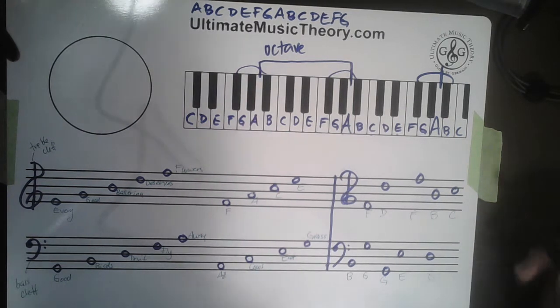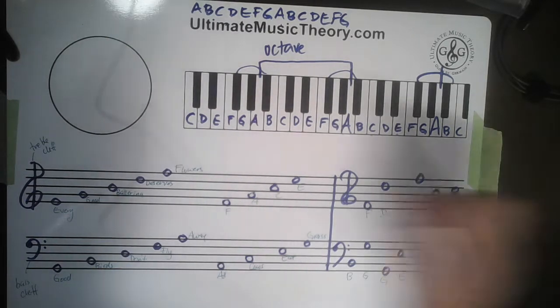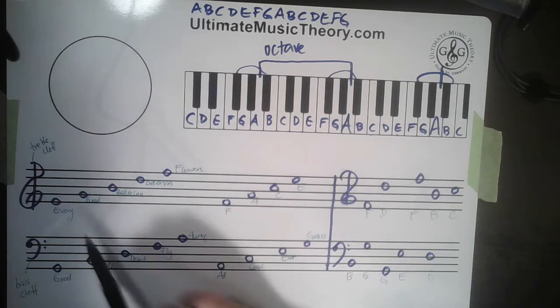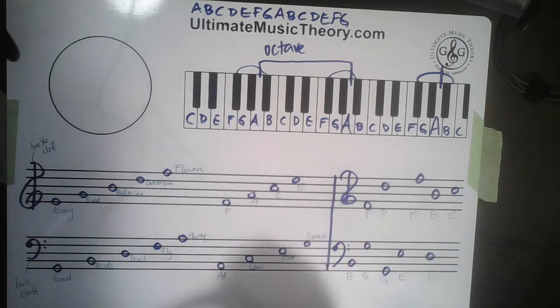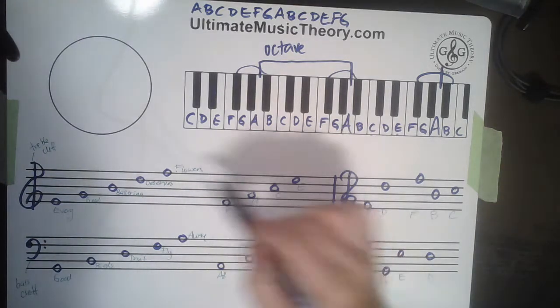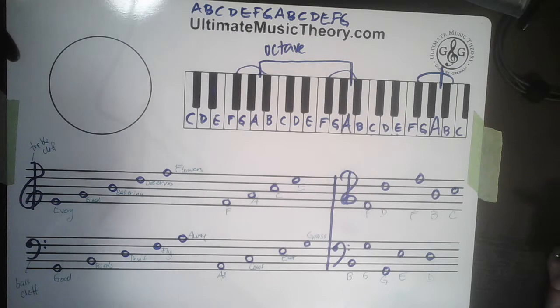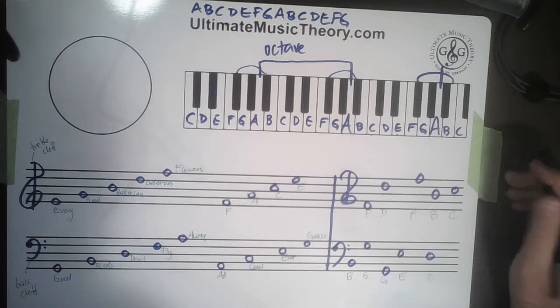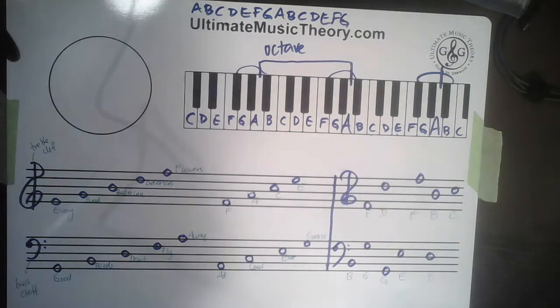So that's how you name both the letters of the musical alphabet on the keyboard and the letters in the treble clef and bass clef on the staff. This is the staff here. So that is the majority of your homework, is doing essentially those 2 things.